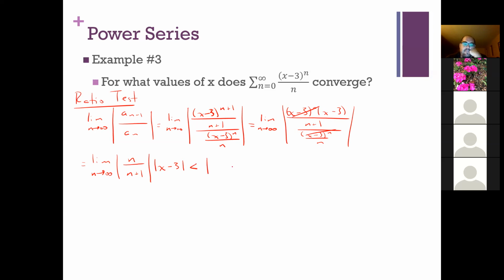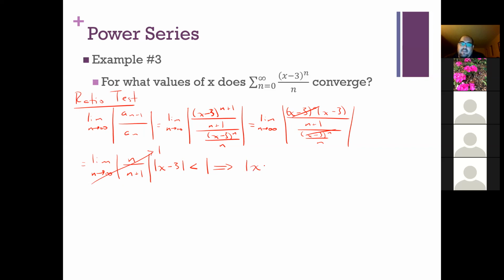And I know that this limit needs to be less than 1. What is the limit as n approaches infinity of n over n plus 1? Would it be 1? Yep, it's 1. So I'm going to leave out the details for now, but this right here has a limit of 1.